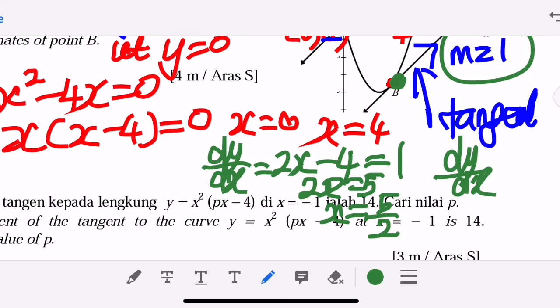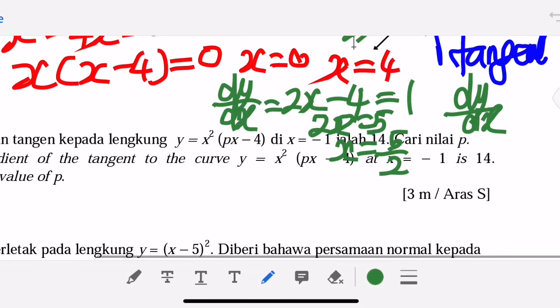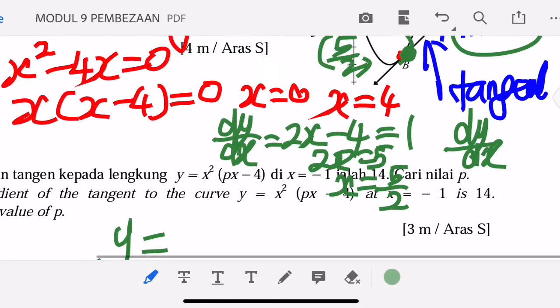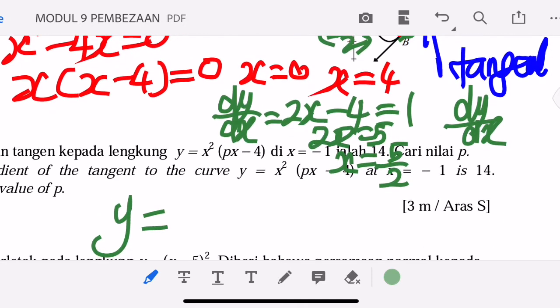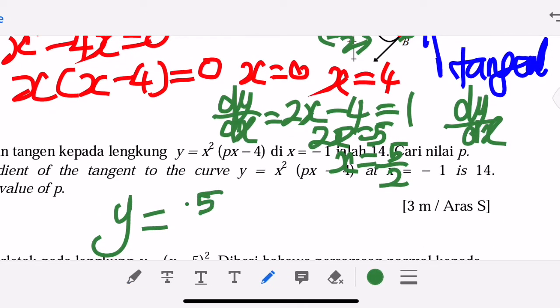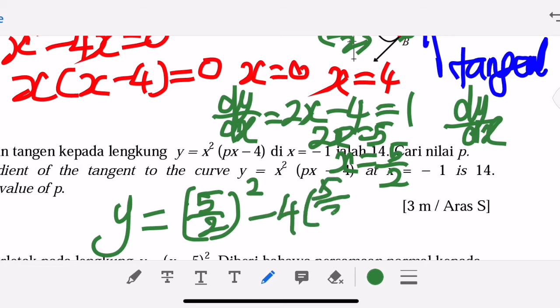Okay, the question is asking you to find the x and the y value. So in order to find the y value, you have to substitute into the curve, which is x squared minus 4 times 5 over 2.